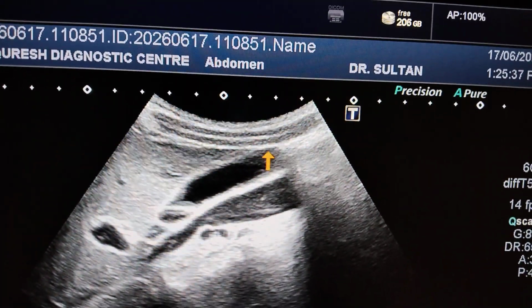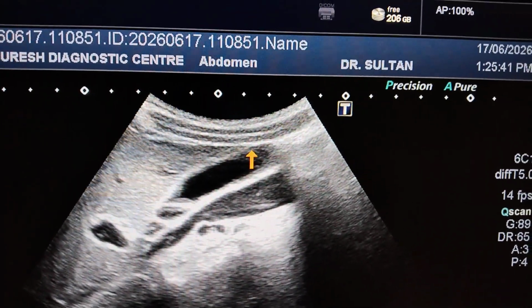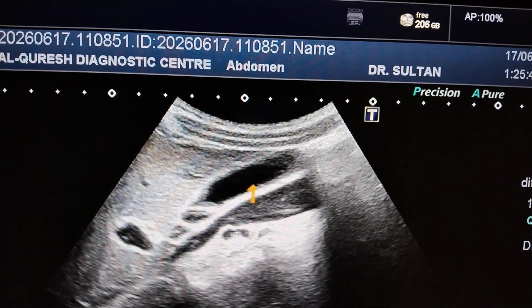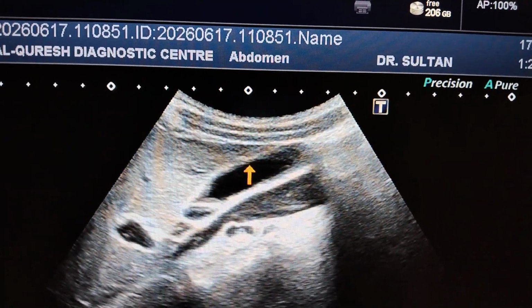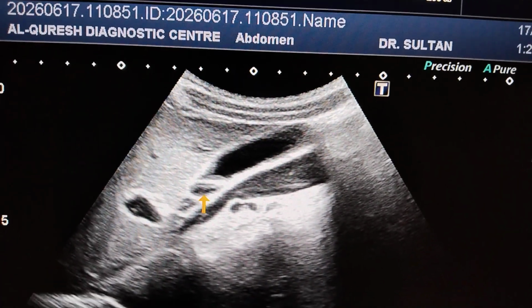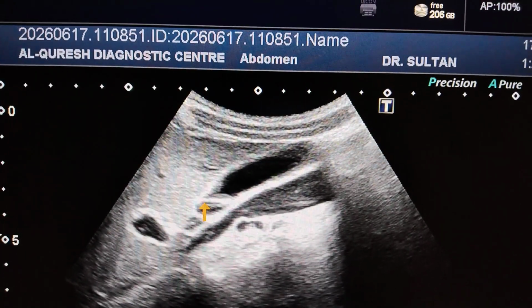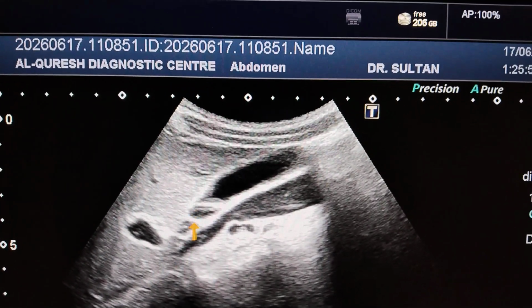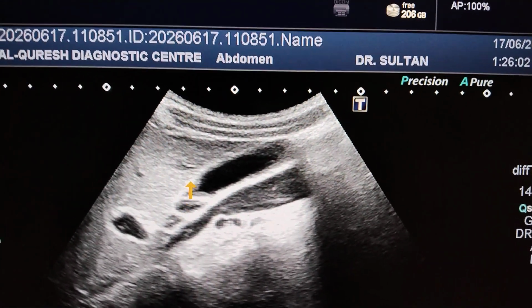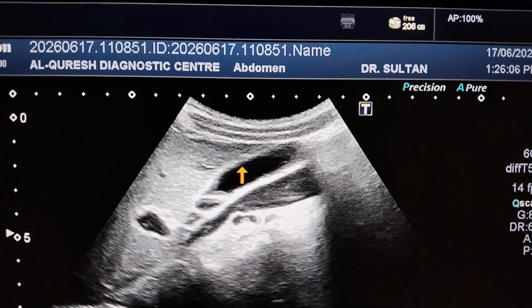So here this which is hanging downward, the distal portion, is the fundus, and this is the body, and this one is the neck of the gallbladder, which in this position is separate from the body. However, it is attached to it.